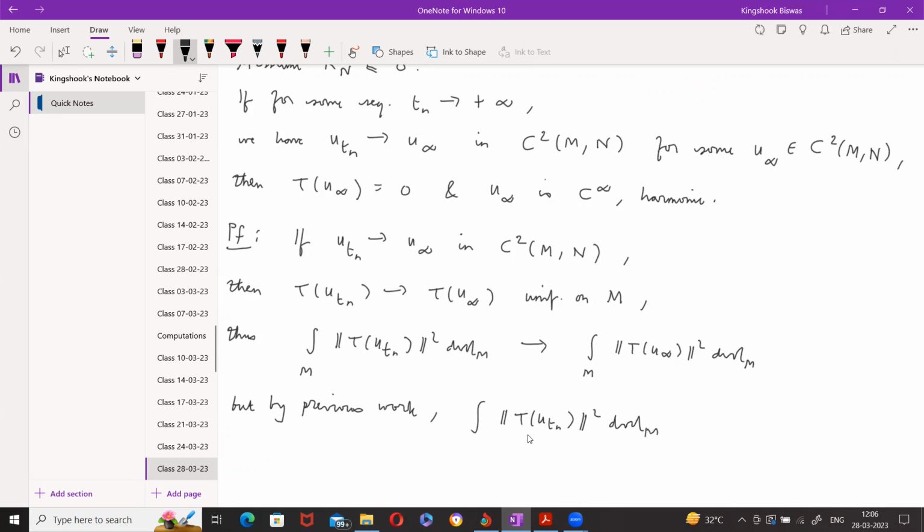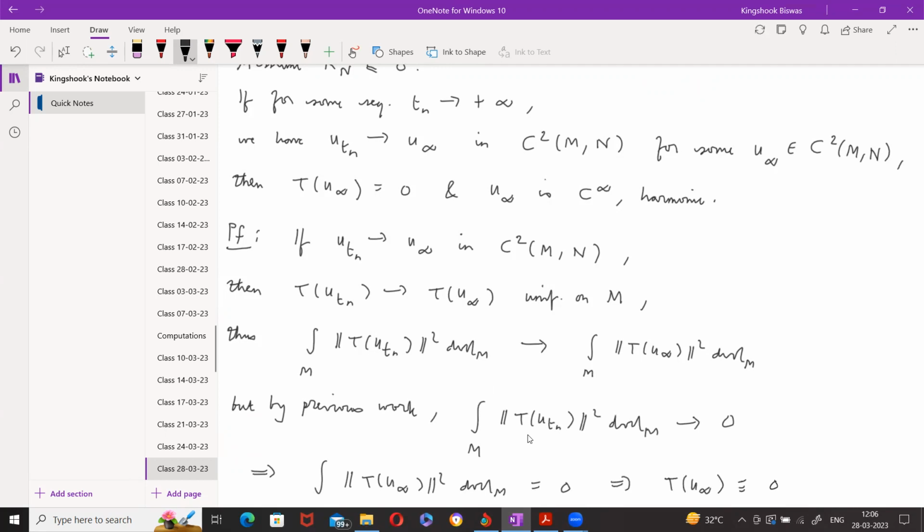The tension field goes to 0 in L2. So this converges to 0. That implies that the integral of the infinity norm squared of tau(u_infinity) is 0, and so tau(u_infinity) is 0. Okay.